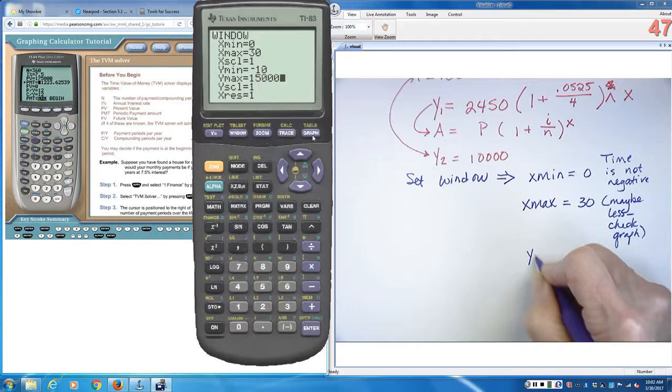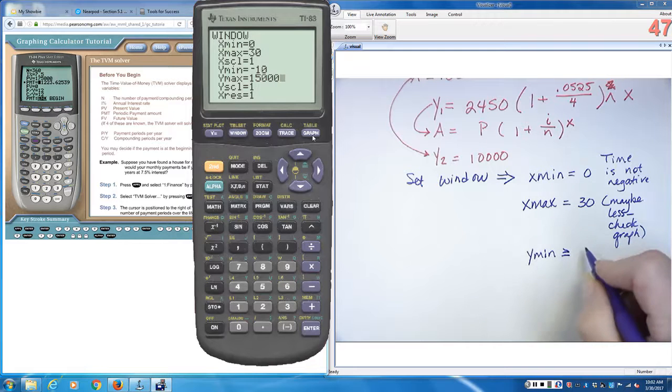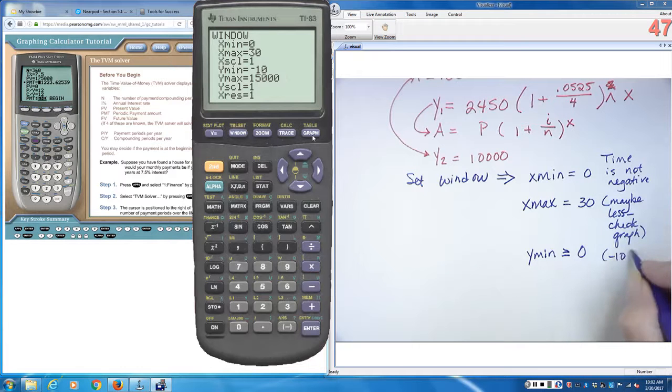And then Y min, all that matters is it's equal to or greater than 0, but I put mine at -10 so that when it draws my graph, I'll be able to see down here.